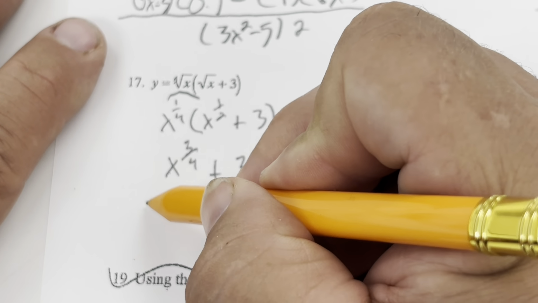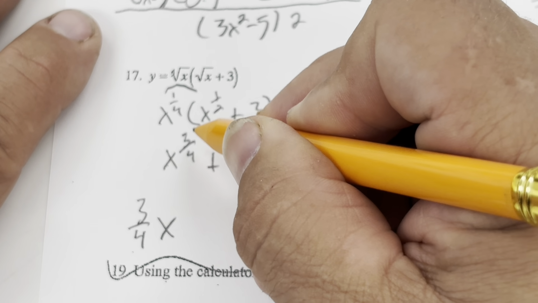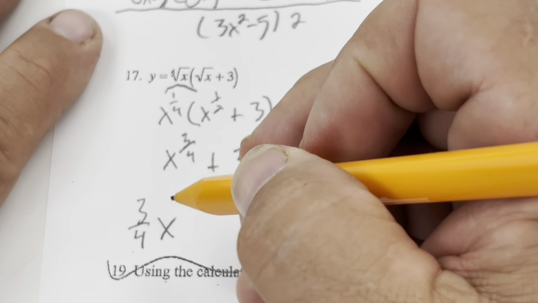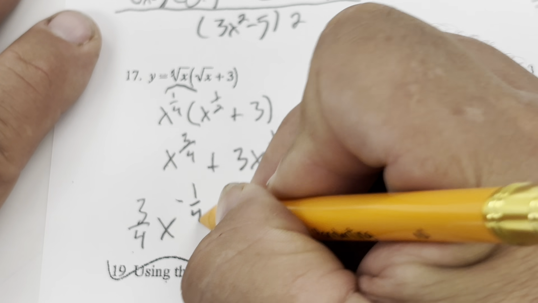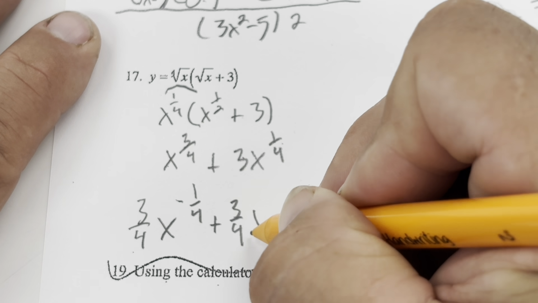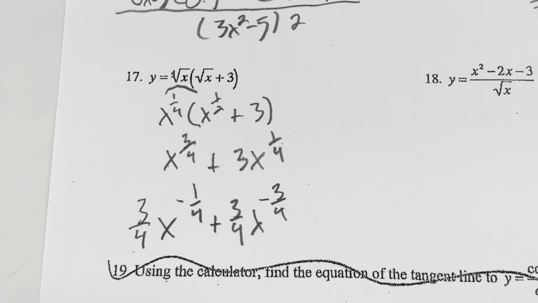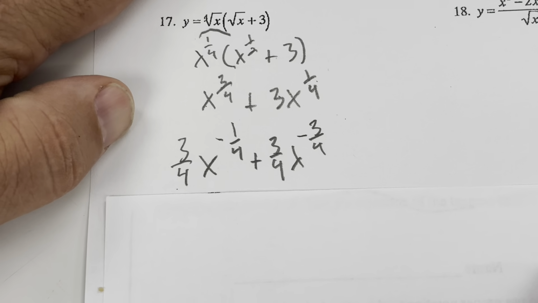So that's going to be 3/4 x, and then 3/4 minus 1. So 3/4 minus 4/4 would be negative 1/4, to the negative 1/4. 1/4 times 3 would be plus 3/4 x, and then 1/4 minus 4/4 would be negative 3/4. So I guess we'll rewrite that as radicals.